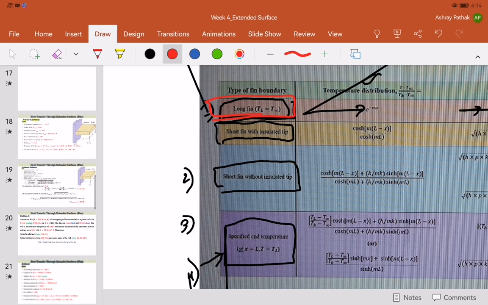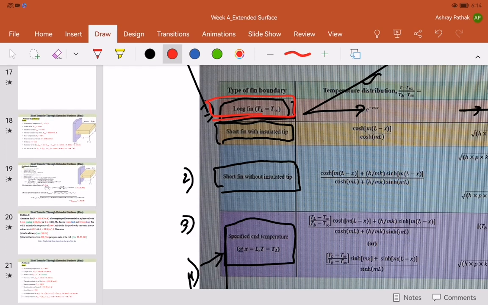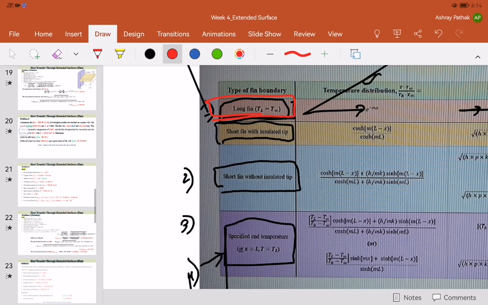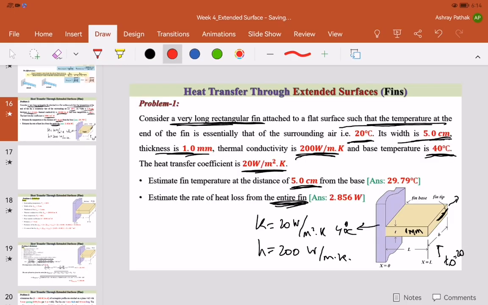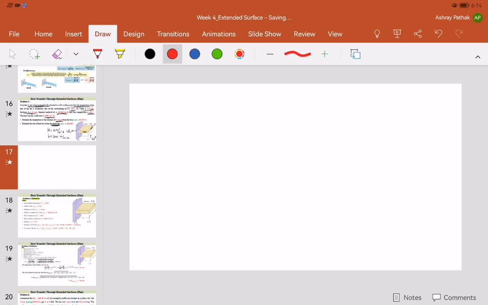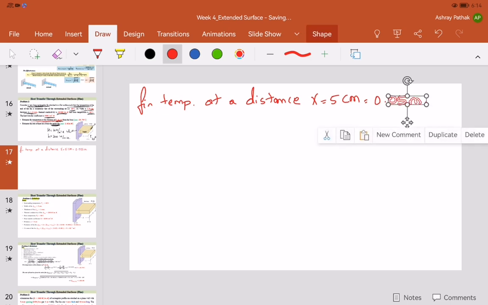If you see formula 1, let me write it down. The first question he's asking is to estimate the fin temperature at a distance x equal to 5 centimeters, which is 0.05 meter.